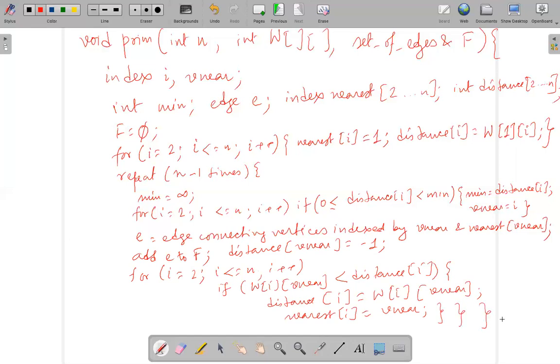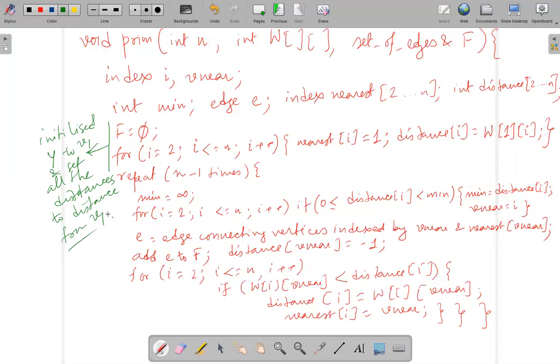As simple as that. So you have three parts. In the first part, you initialize Y to v1 and set all the distances to the distance from v1.